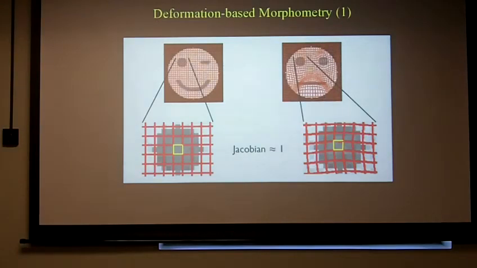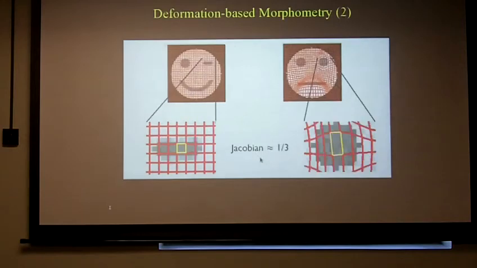And the Jacobian determinant is not as threatening as it sounds, because conceptually it's very intuitive. If the Jacobian determinant is 1, for example on this left eye, you don't have to warp it at all to make it smile and wink. So the Jacobian value is 1, which means there was no volume change.